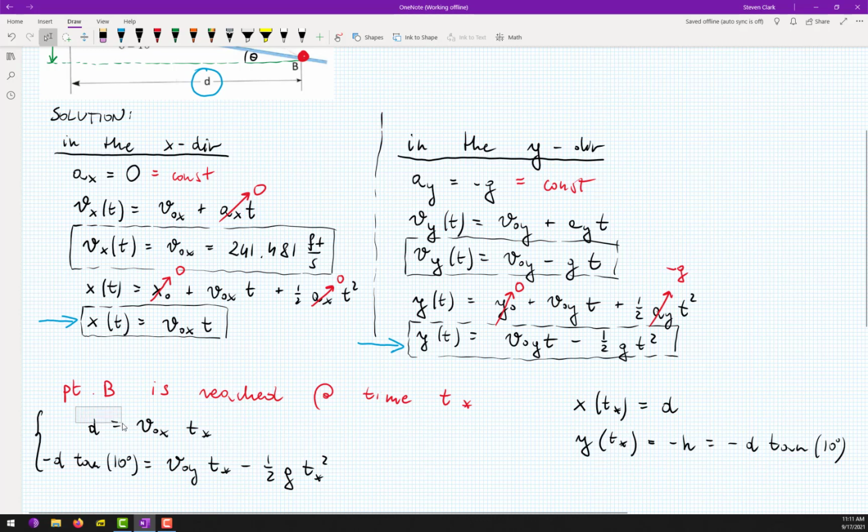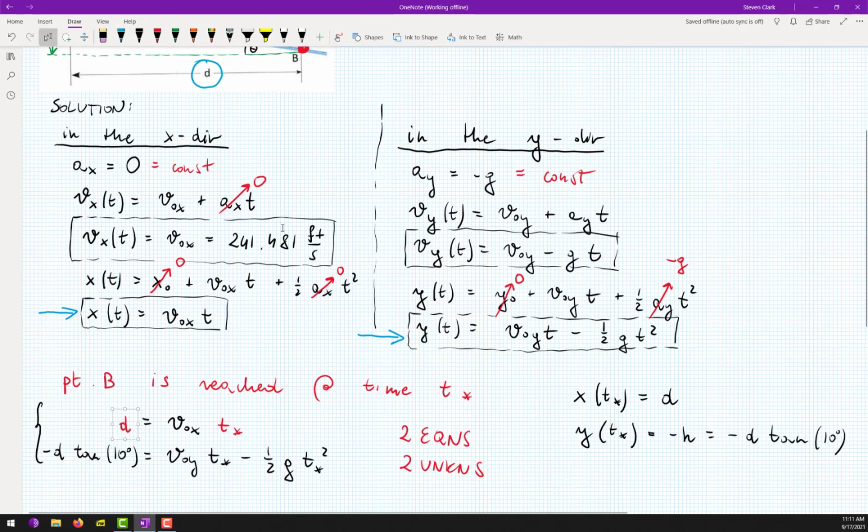I like when this is aligned, so I'm just going to put it here. So basically we ended up with 2 equations and 2 unknowns. One unknown is t star and the other unknown is d.